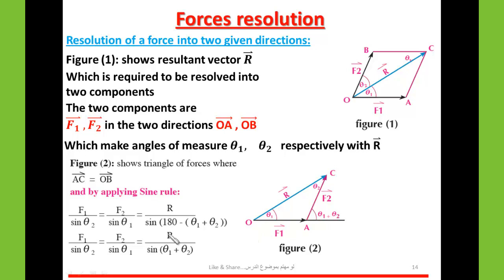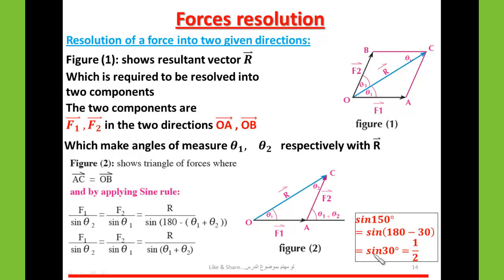And we know that sine of (180 minus (θ1 plus θ2)) equals sine (θ1 plus θ2). Note that sine 150 equals sine (180 minus 30), which equals sine 30, which equals half.